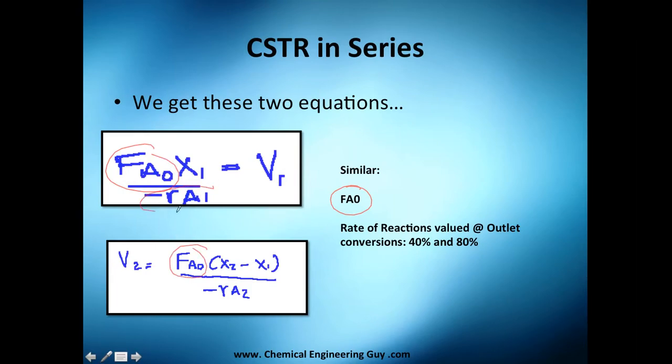Also you use a rate of reaction here, dividing, and you get this conversion factor, which is a subtraction, and a conversion factor which has no subtraction, and the volume. Now it's very important that the rate of reaction in number 1 is valued at the first conversion, and the rate of reaction of this second volume is valued at the 80% conversion.